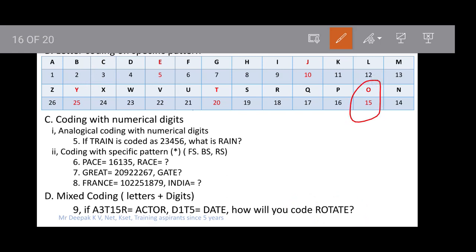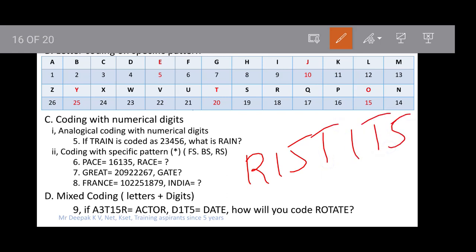They have written it like that, and R they have kept as it is. In the same way, in D1 T5, the 1 is A and 5 is E. Same way we can go for rotate as well. I'll write it as R, O's code is 15, T, A's code is 1, T, E's code is 5. So this can be our answer.